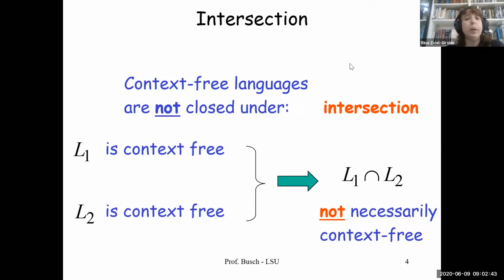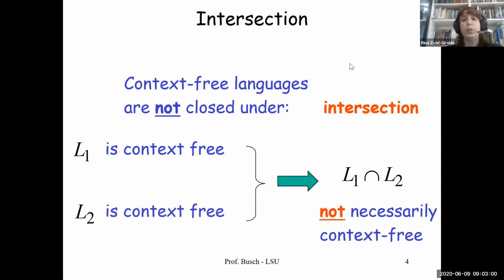So let's talk about closure of context-free languages. I showed during the lecture that context-free languages are closed under union, under concatenation. I also gave the definition of several additional closures.